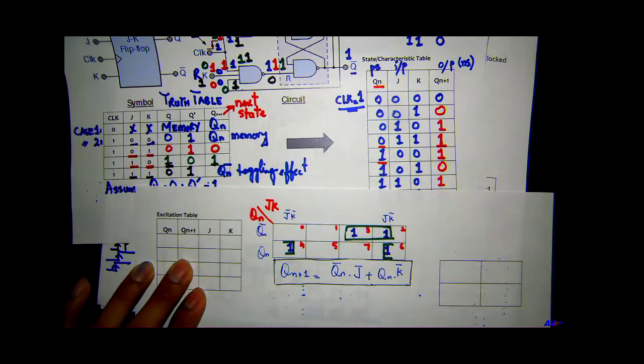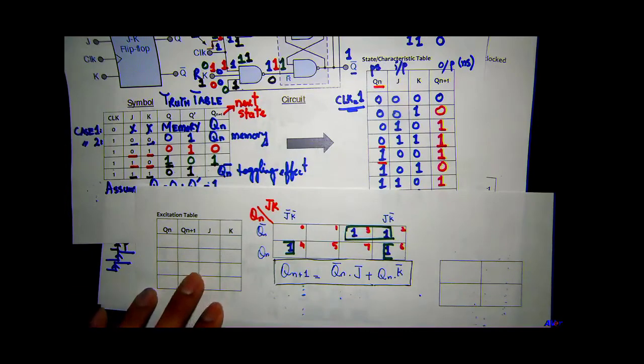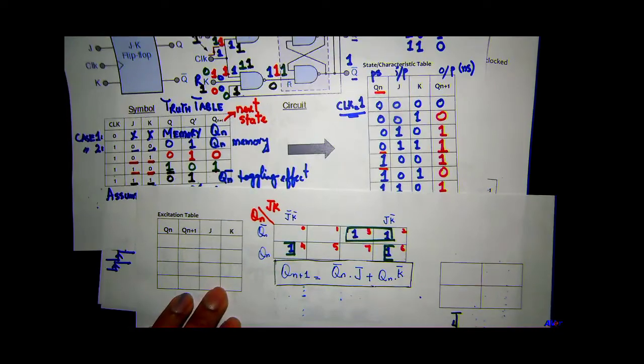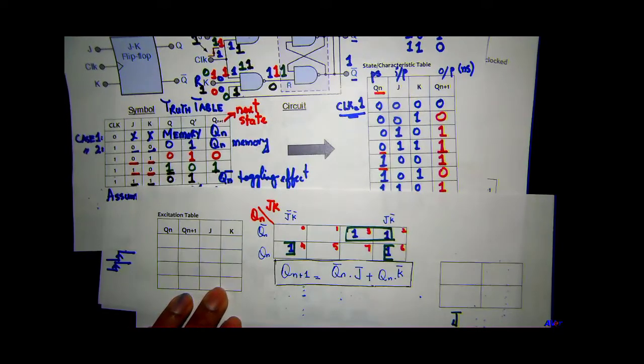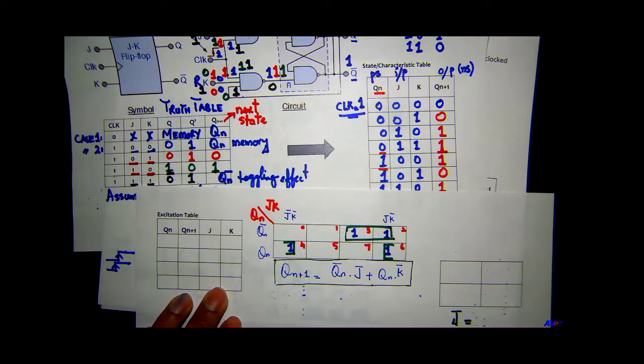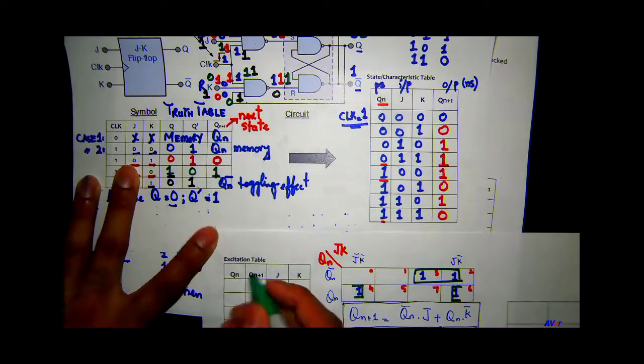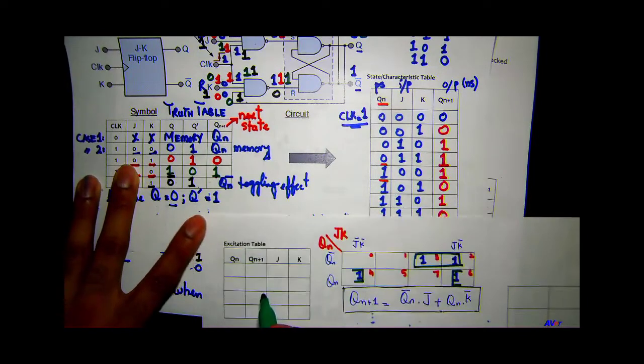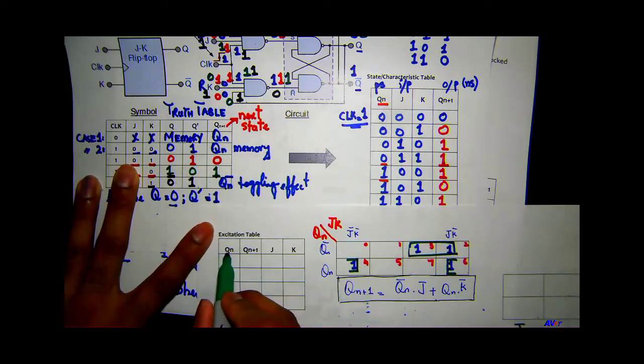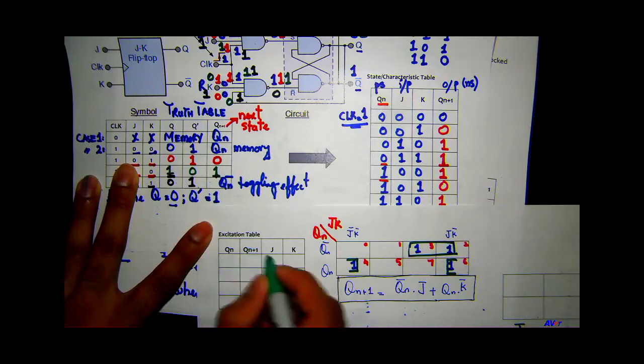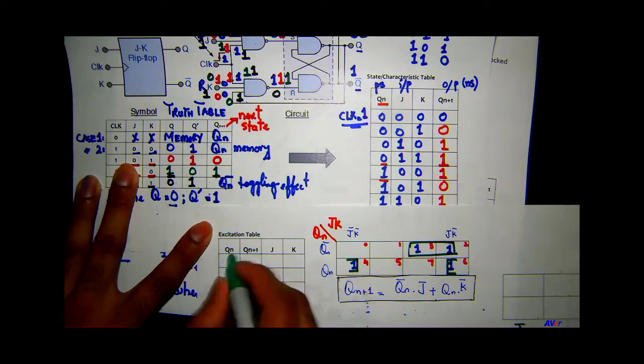Similarly, if you wish, you can also get the expression for J and K. But before we get that expression, let's work on the excitation table. In the excitation table, we keep present state and next state right next to each other, followed by the inputs, which are J and K in this case.